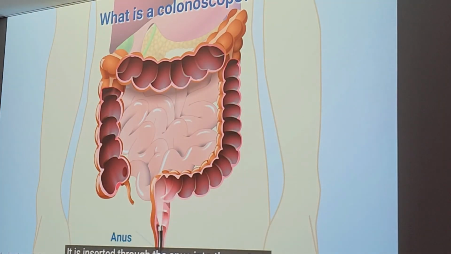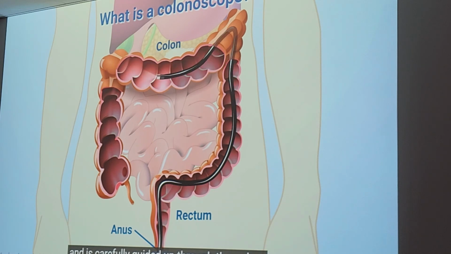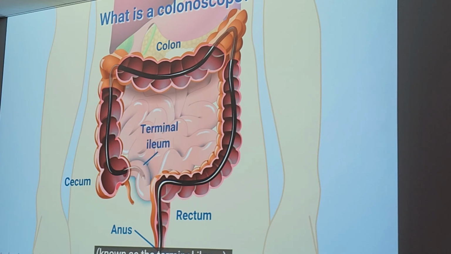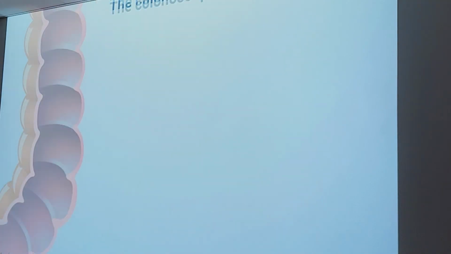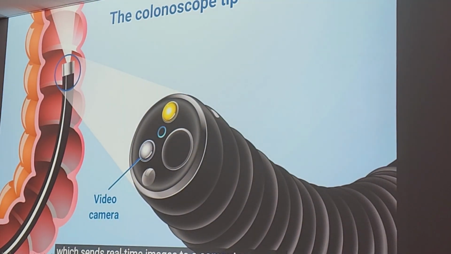It is inserted through the anus into the rectum and is carefully guided up through the colon, all the way to the cecum. The colonoscope can usually be used to enter the very end of the small bowel, known as the terminal ileum. The front tip of the colonoscope contains a video camera, which sends real-time images to a computer screen so that your doctor can examine the colon.